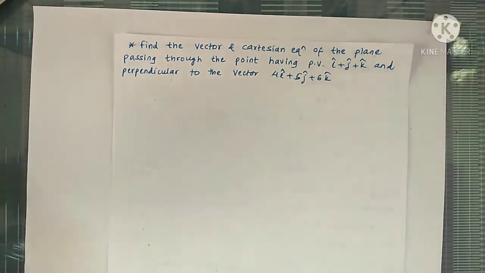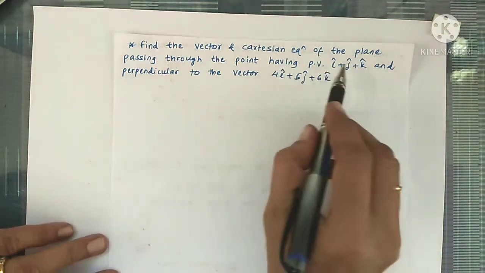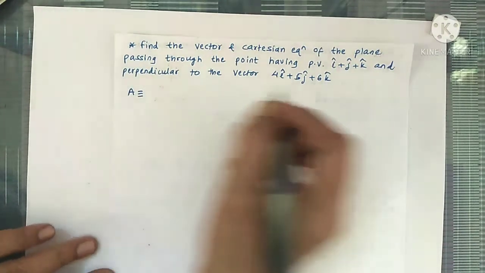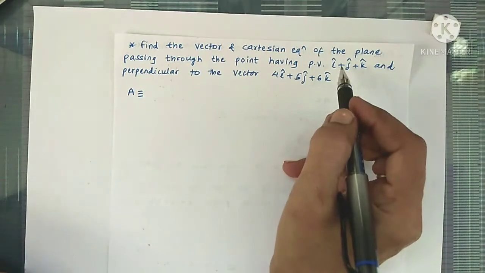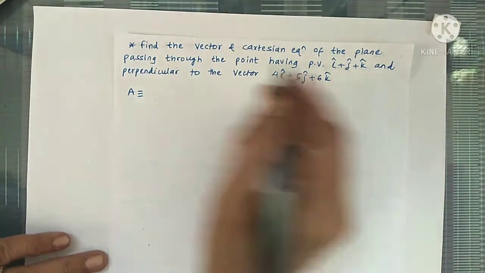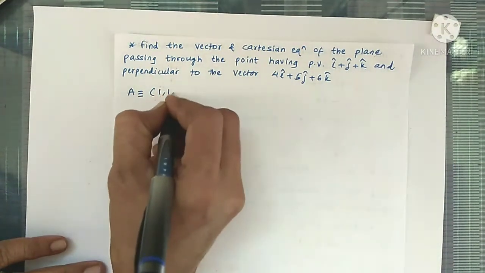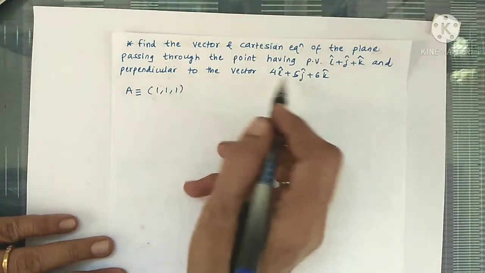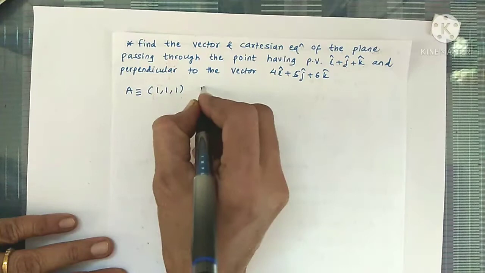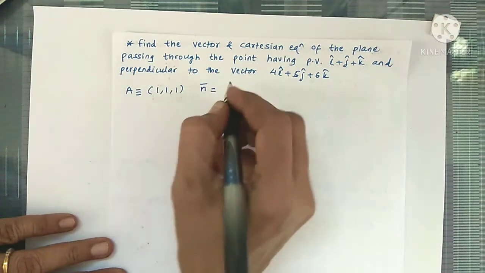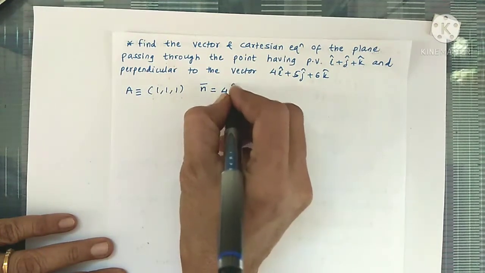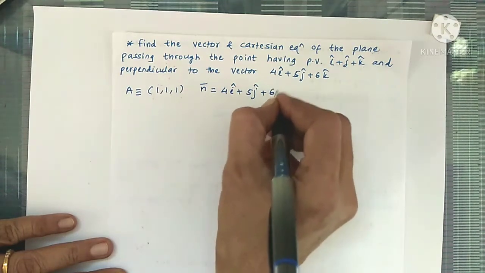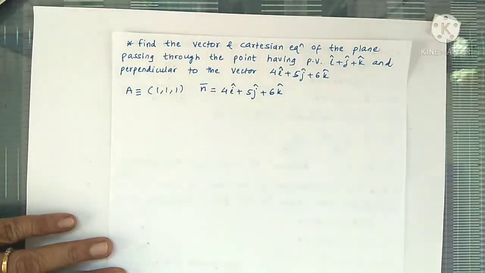The plane is passing through this point, so it is the fixed point A. The coefficients are 1, 1, 1, so the point is (1, 1, 1). The plane is perpendicular to this vector, which means the vector is normal to the plane. So n bar is 4 i cap plus 5 j cap plus 6 k cap.